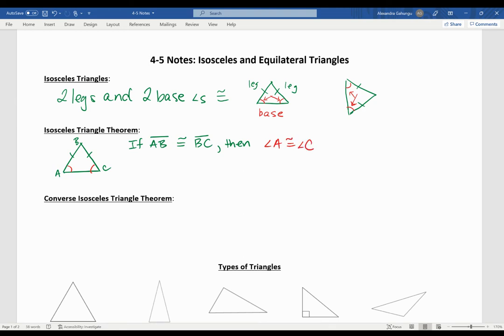So it's really nice. From the legs, we know that our base angles are congruent.